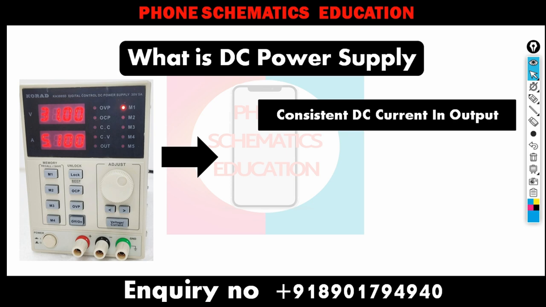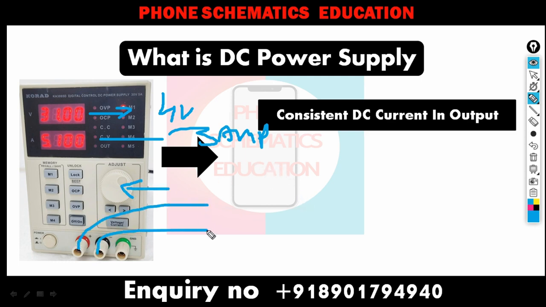Whatever voltage you set in the output, suppose this DC power supply has 31 volt maximum, but if you set 4 volt and 3 ampere through this knob, when you measure with a multimeter on these outputs, you get exactly 4 volt, 3 ampere.